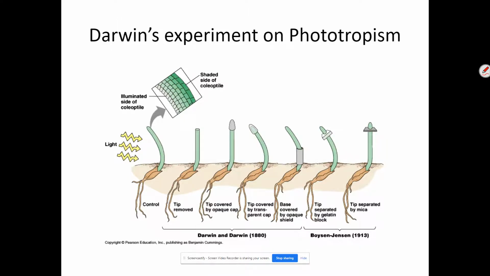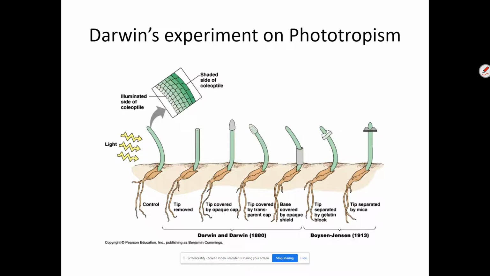And you see here, Darwin did an experiment, it's a pretty famous experiment, in which he showed some different circumstances in which a plant might move or not move toward the light. And what causes phototropism is a particular kind of hormone that is called auxin. And auxin, A-U-X-I-N, will actually travel to the dark side of the plant and cause the cells on that dark side of the plant to grow.